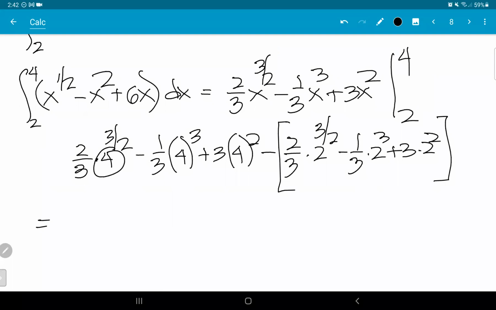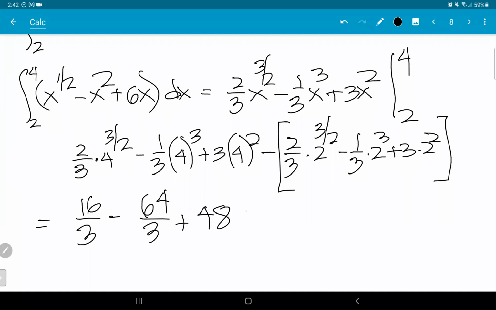This is exact, so a perfect square. Square root of 4 is 2, 2 cubed is 8. But this one is not, so you'll have to leave it in radical form. This is just 2 square root of 2.